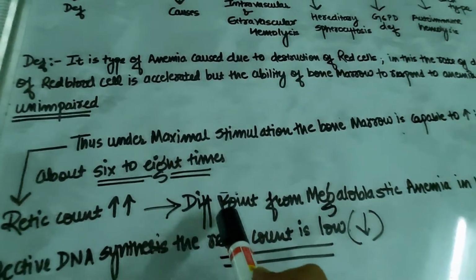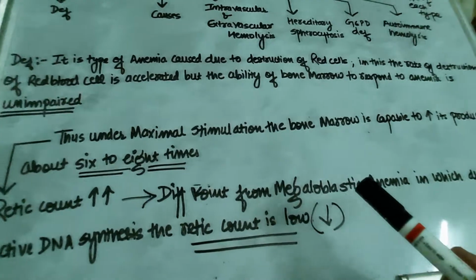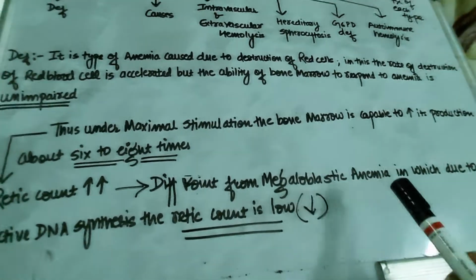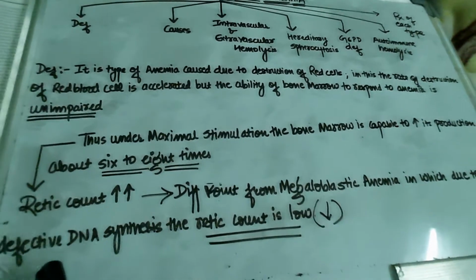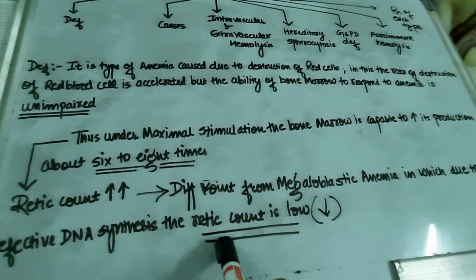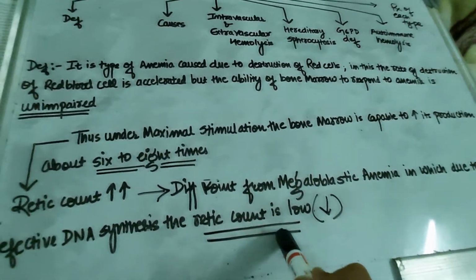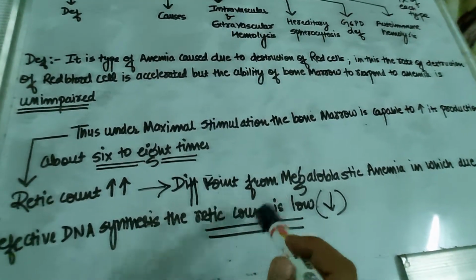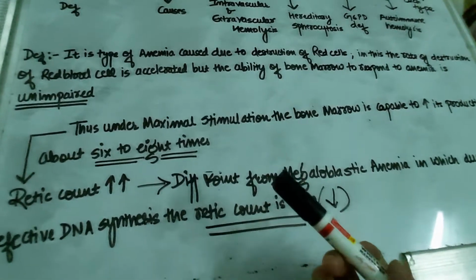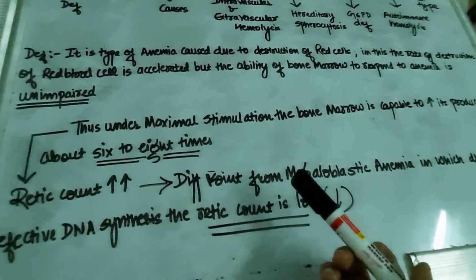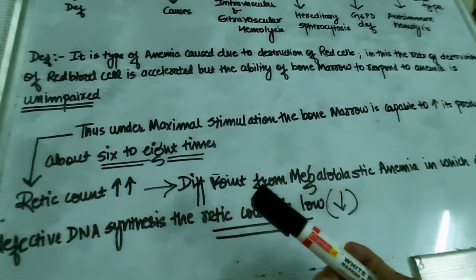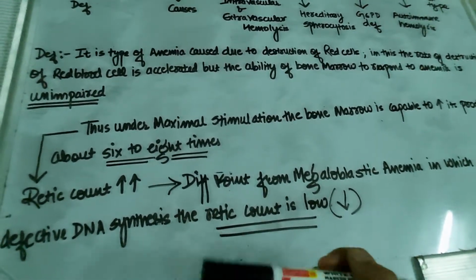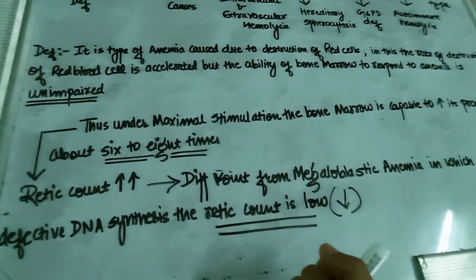And this is the differentiating point from your last topic, which was megaloblastic anemia, in which, due to defective DNA synthesis, the retic count was low. So this is how the laboratory findings, on the basis of your CBC and your peripheral blood smear picture, which I will describe later, help you differentiate. So in CBC, how will you differentiate between the two anemias, whether it is megaloblastic anemia or hemolytic anemia?